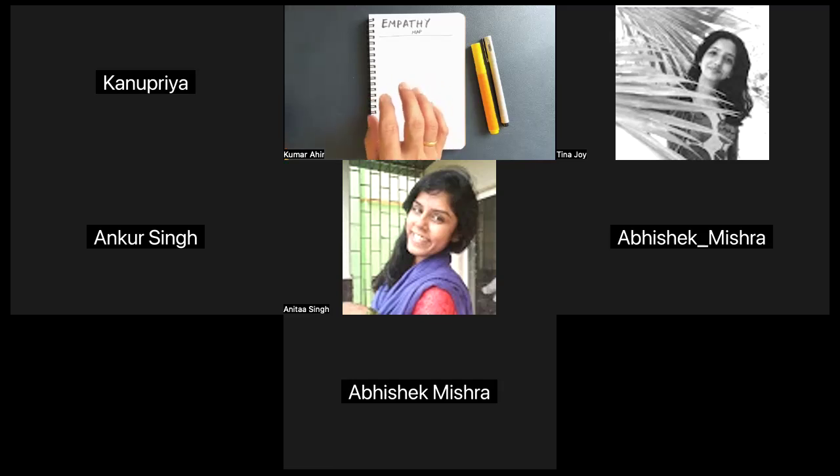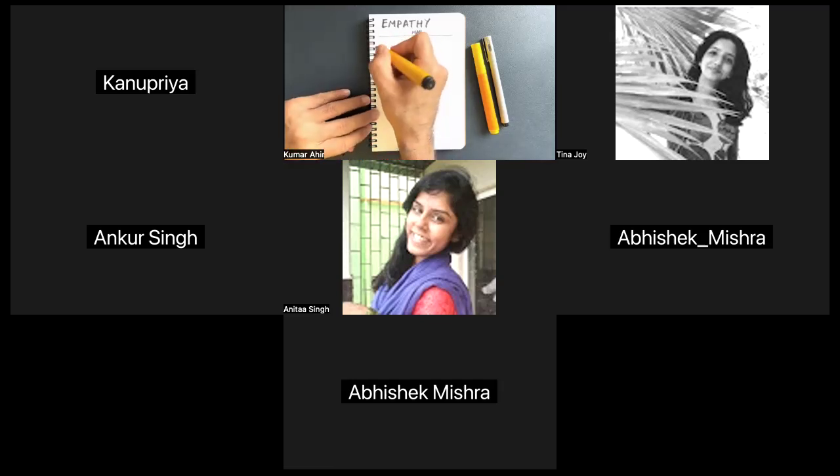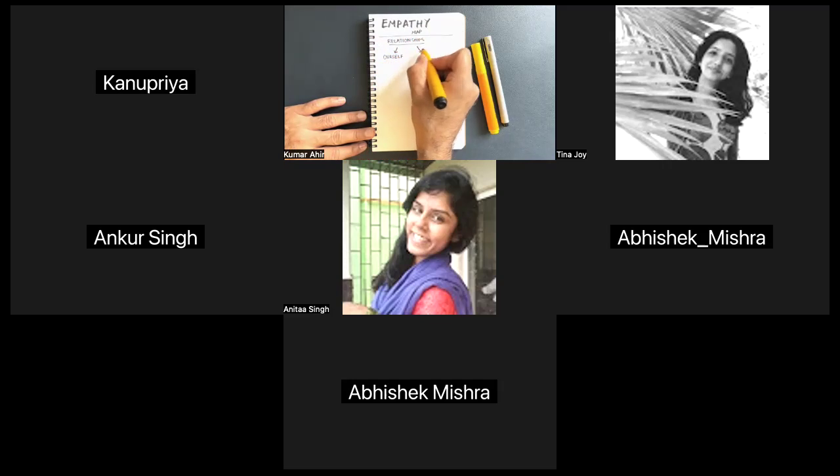So Empathy Map is a visual framework for designers, but what I want to put forward today is that Empathy Map can also be used for relationship building or understanding our relationships better, right? And these relationships are first with ourselves and second with others.